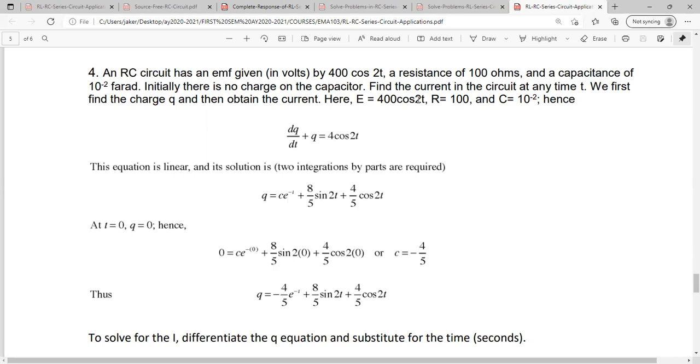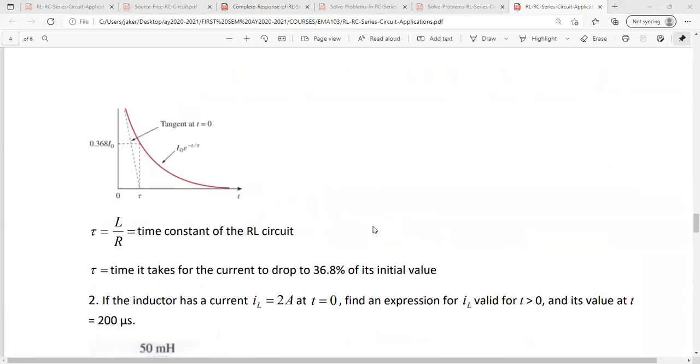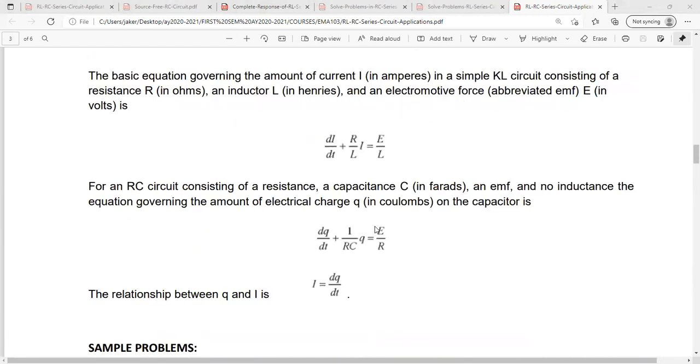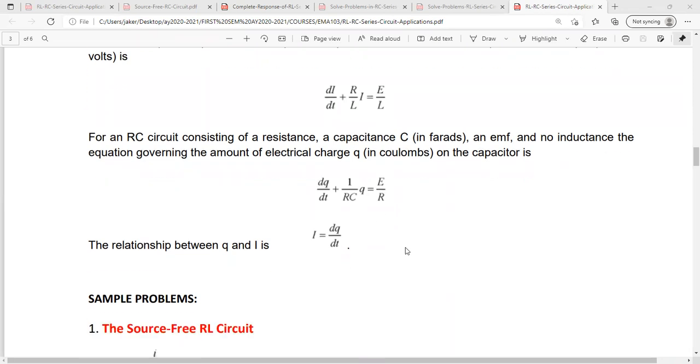So for the benefit of those who were not able to join us last Monday, I gave you the 2 model differential equations for the 2 circuits that we will apply first order DE on. The first one was already used in the first 3 sample problems, and this is our model DE. For this fourth sample problem, our model DE will be this one.